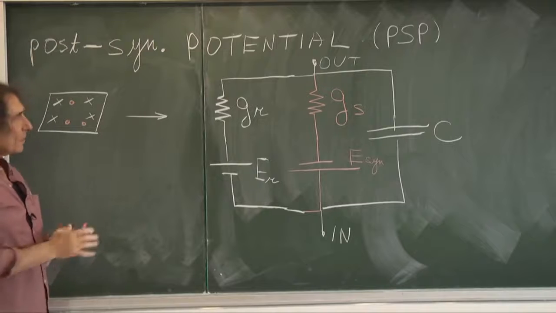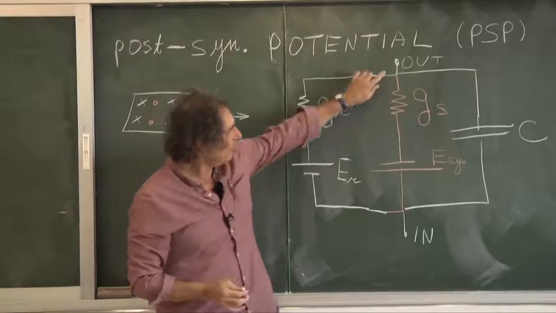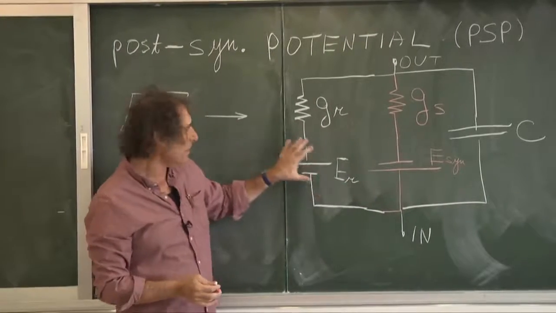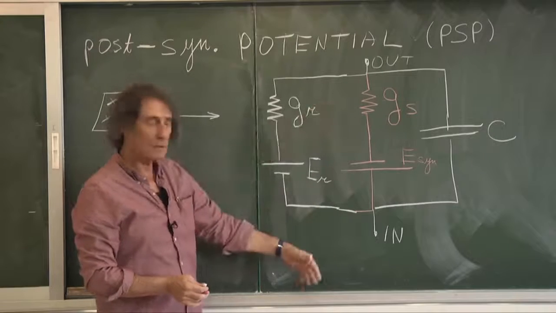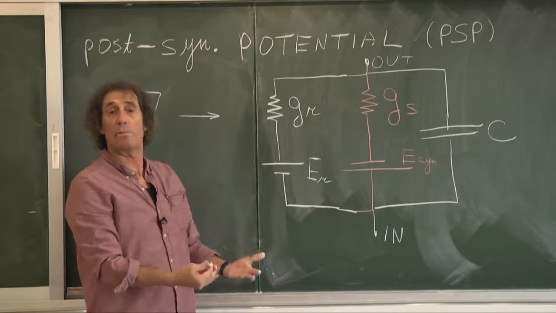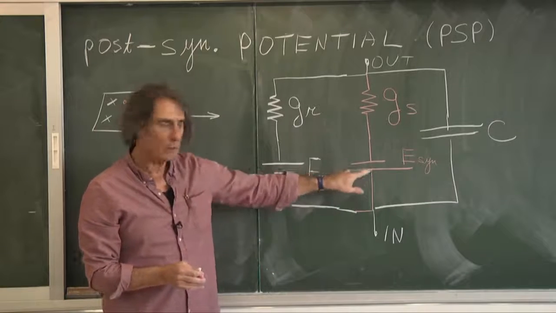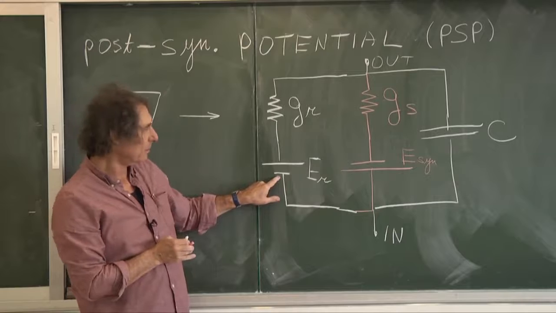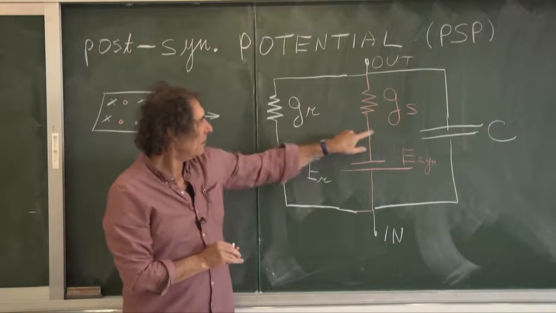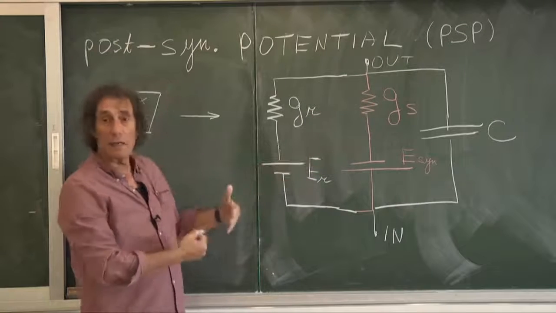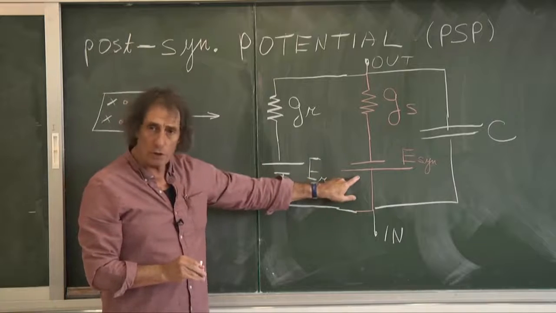Okay? So this is a full circuit, and now you can realize that whenever I add into a given circuit, the passive circuit, another path for current flow, there will probably be a voltage change. Just because you have a battery which is different than the resting battery. If this battery had been exactly the same as the rest battery, then changing the conductance here would not make a difference. But typically they are not the same.